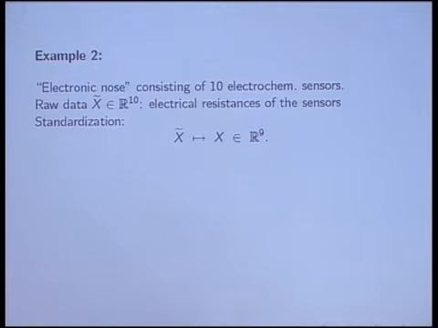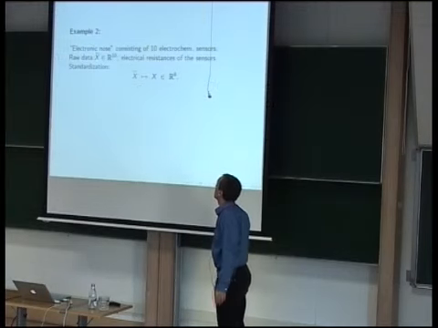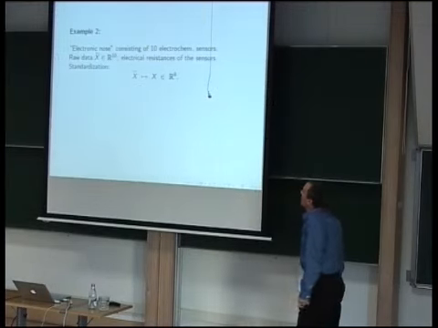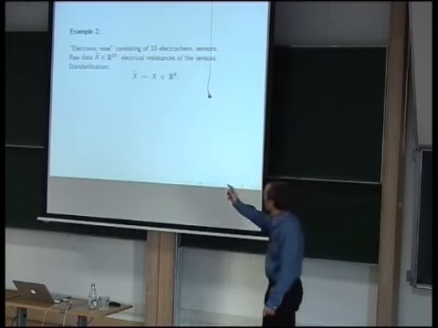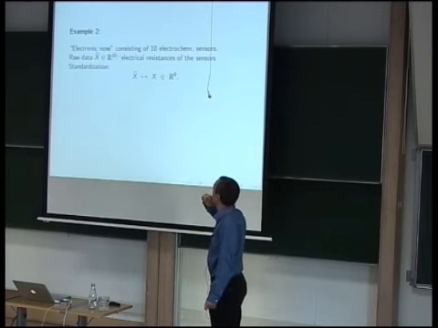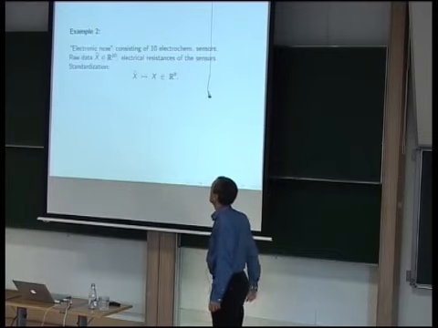We have been consulting a small company which built electronic noses, and an electronic nose is essentially an array of, at that time, 10 different electrochemical sensors, and you try to smell something. So the raw data is just the 10 different sensor signals.